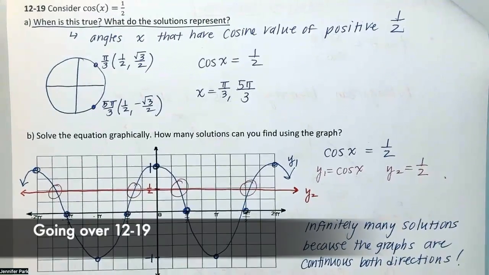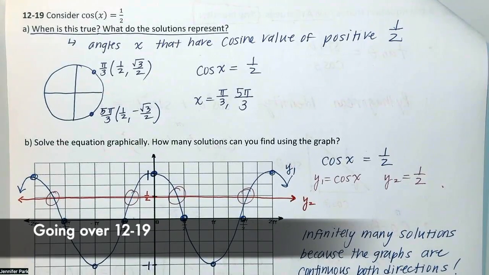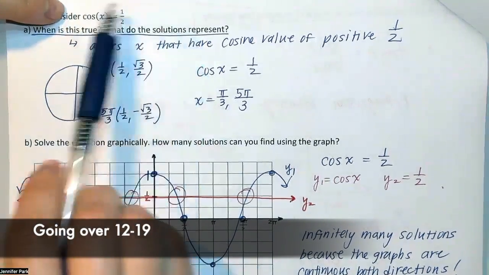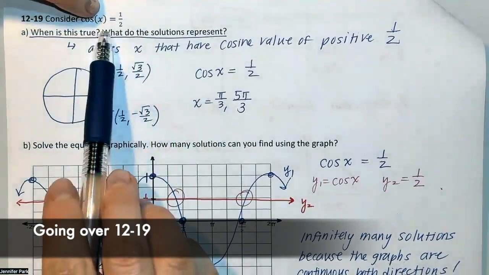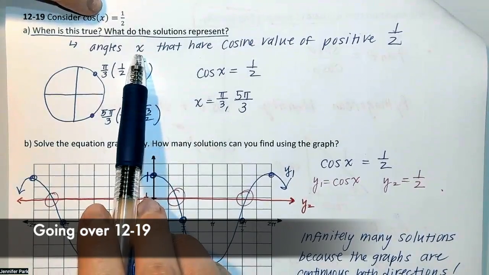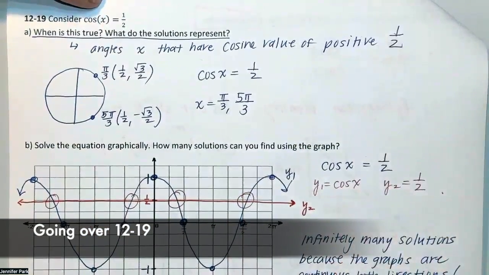So, all right, now let's talk about 12-19. If you're solving cosine of x equals 1/2, the first question is, when is this true? What do the solutions represent? First of all, solutions are the x, and x is representing the angles that have cosine value of positive 1/2.